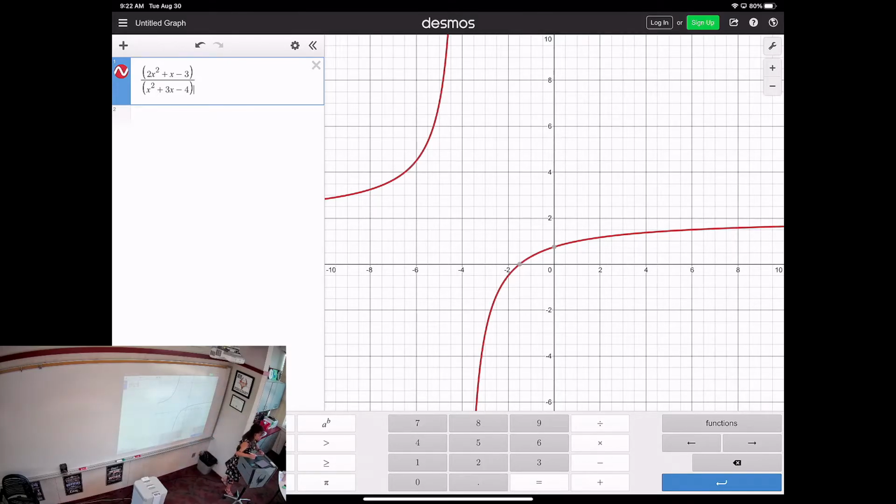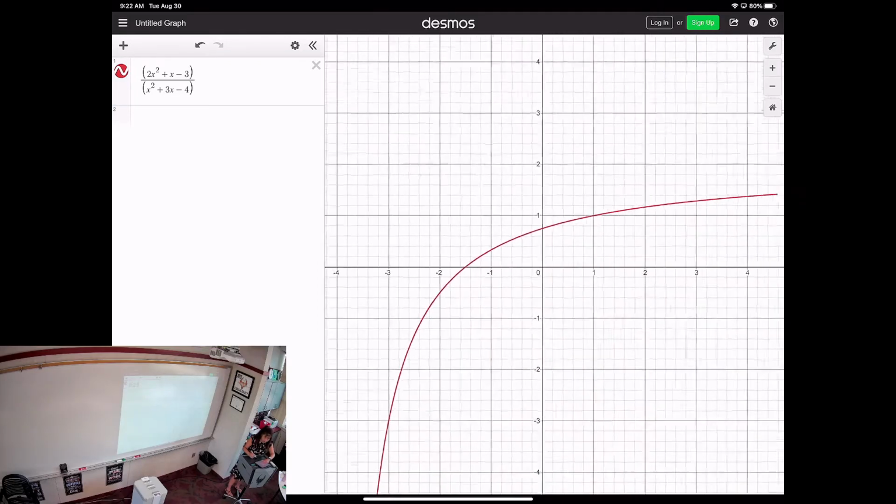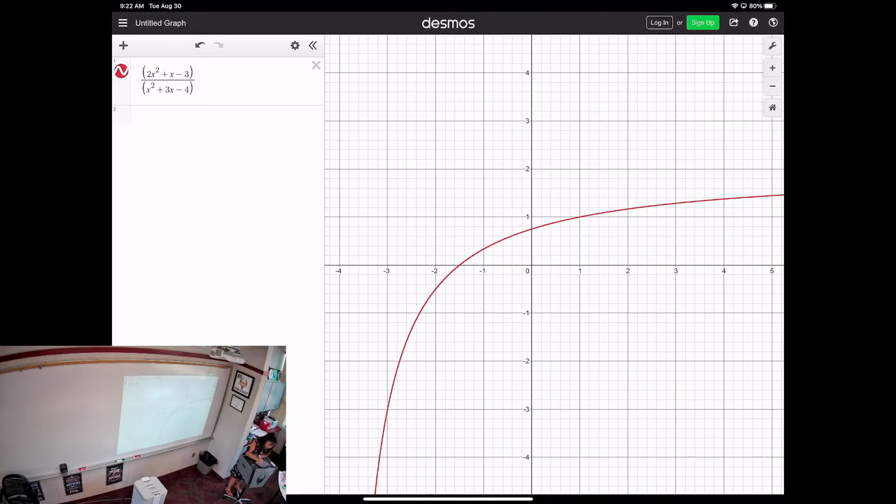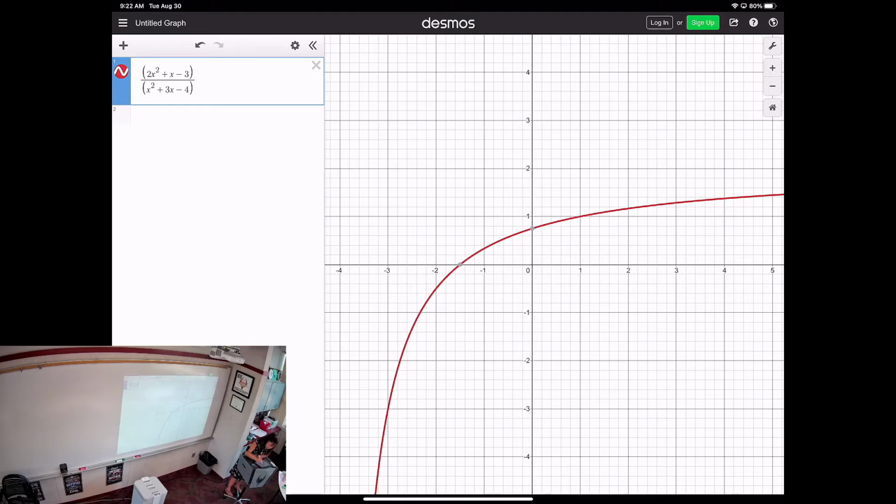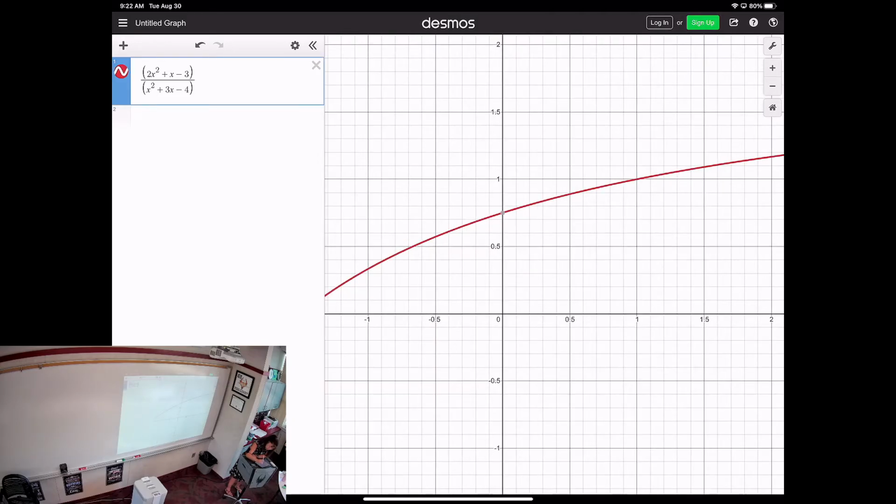You have to actually trace over, and then it shows the open circle and also shows at the bottom.